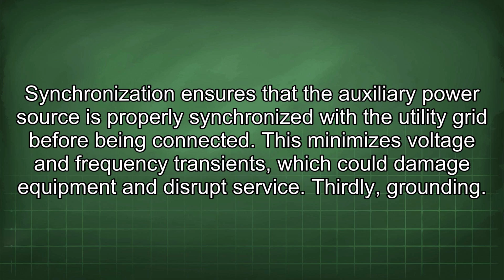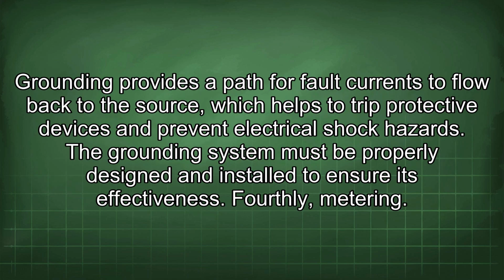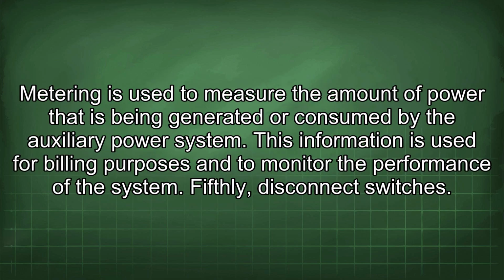Thirdly, grounding. Grounding provides a path for fault currents to flow back to the source, which helps to trip protective devices and prevent electrical shock hazards. The grounding system must be properly designed and installed to ensure its effectiveness. Fourthly, metering. Metering is used to measure the amount of power that is being generated or consumed by the auxiliary power system.